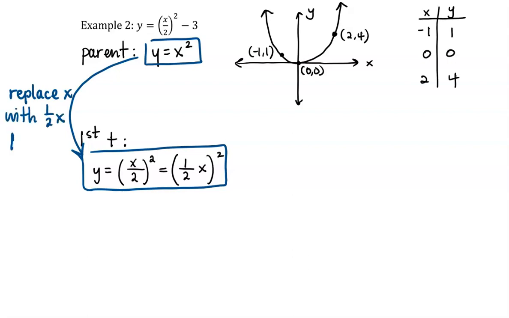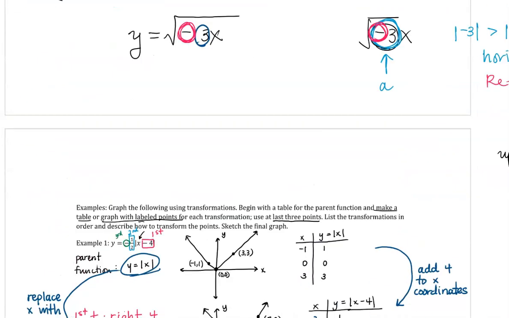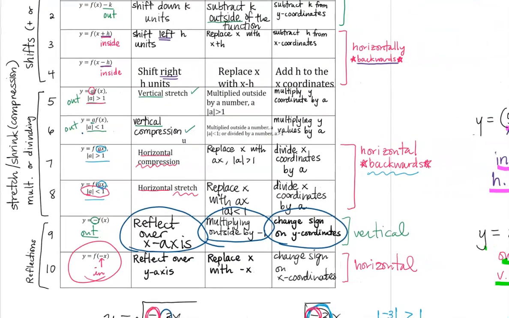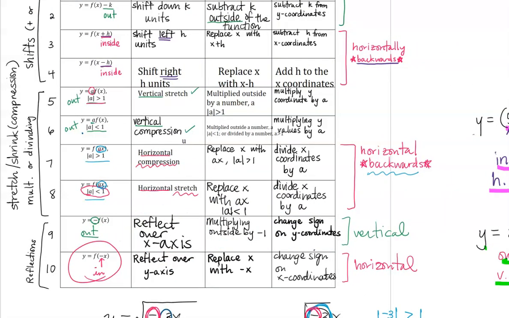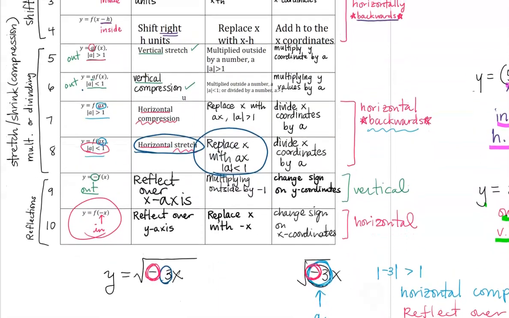And it's worth noting that the absolute value of 1/2 is less than 1. Replacing x with 1/2 x, we can see that that is a horizontal stretch, replacing x with ax where the absolute value of a is less than 1.